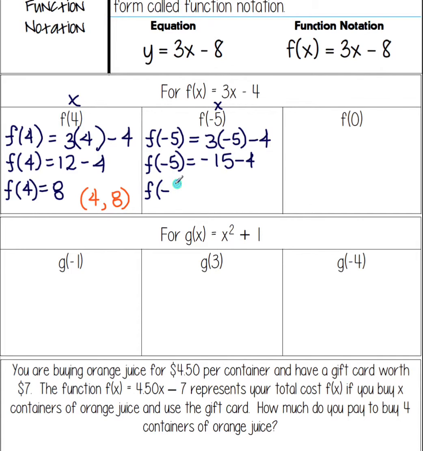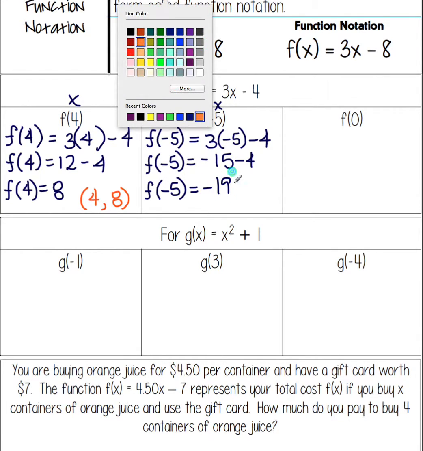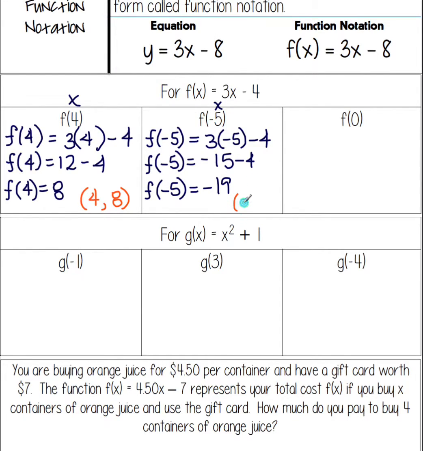So f of negative 5 is negative 15 minus 4, which is negative 19. So as an ordered pair, we would have negative 5 as our x value and negative 19. So our input and our output.